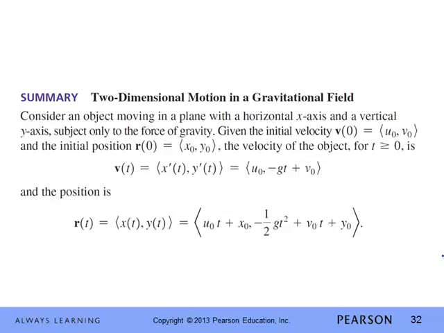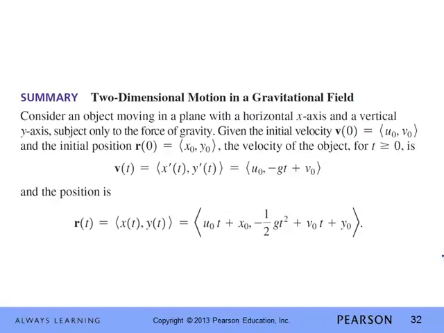Subject only to the force of gravity, so we're not considering wind or it hitting a bird or anything as it goes up in the air and comes down. And we're not concerned about the movement of the earth or any gravitational fields or anything.